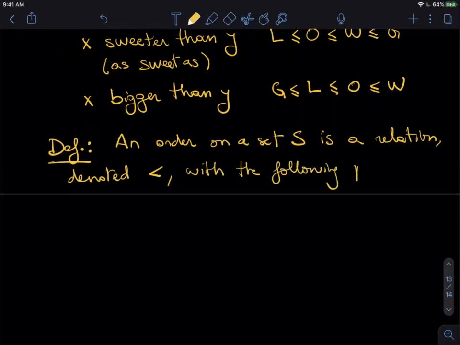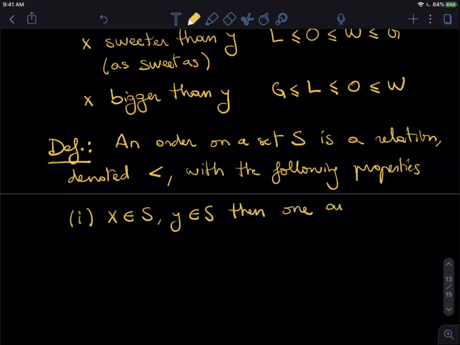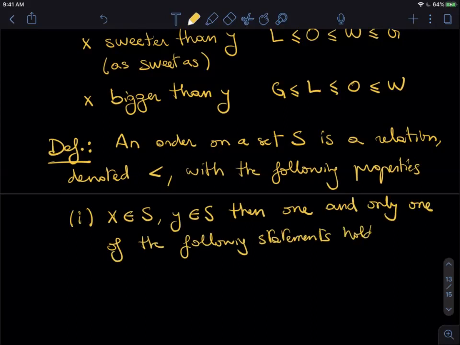So the following properties. Property number one: let's say X is an element of S, Y is an element of S. Then one and only one of the following statements holds.